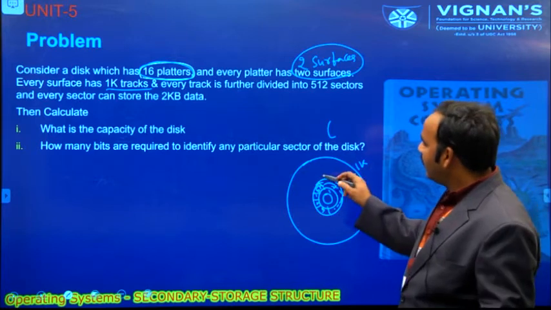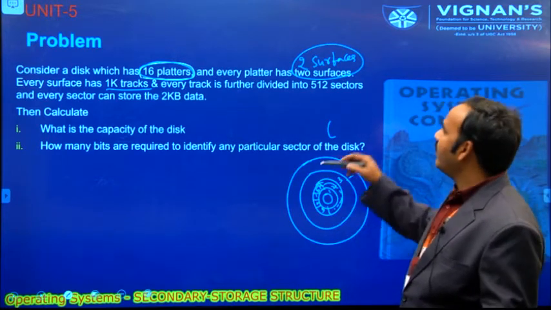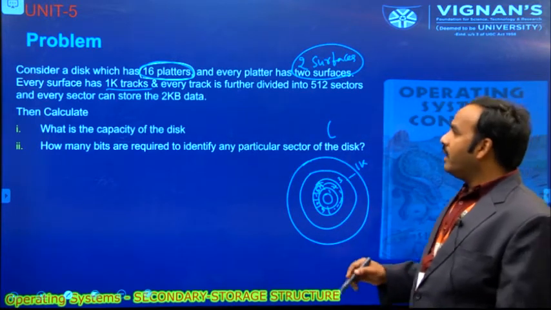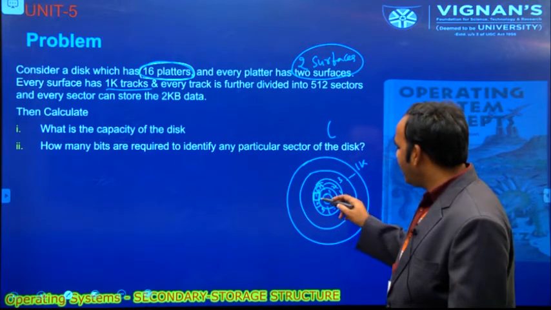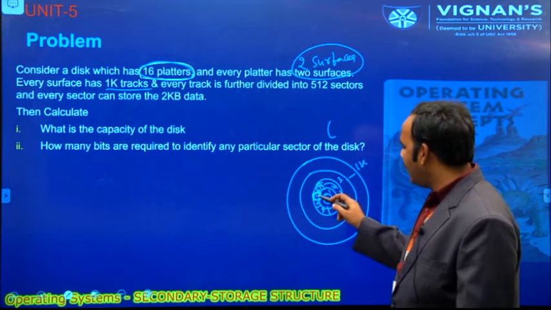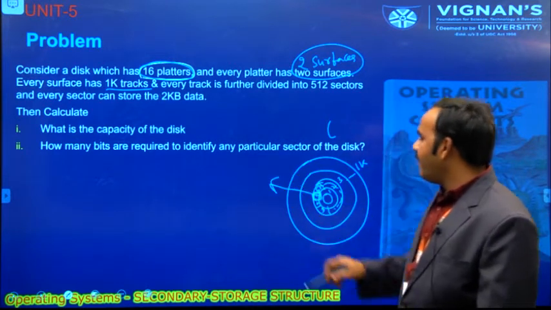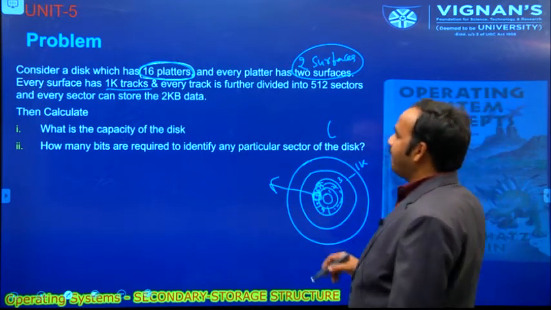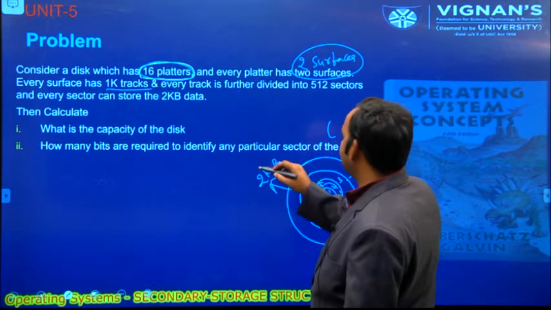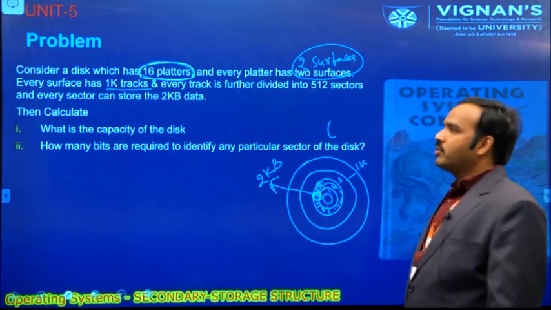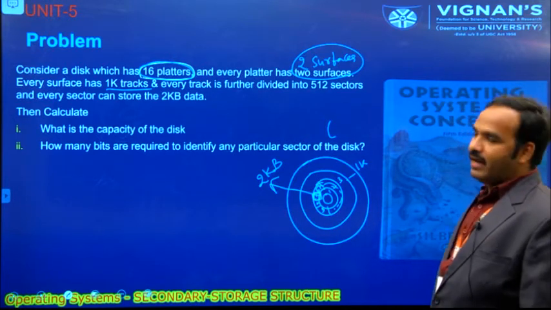This is the actual structure they have given. Every sector is the final logical part which is used to store the data, and every sector can store 2 kilobytes of data.